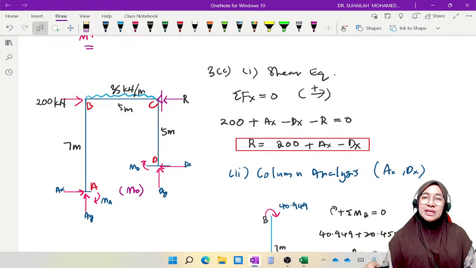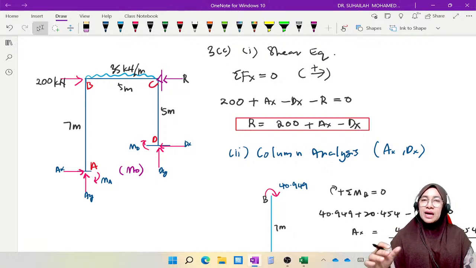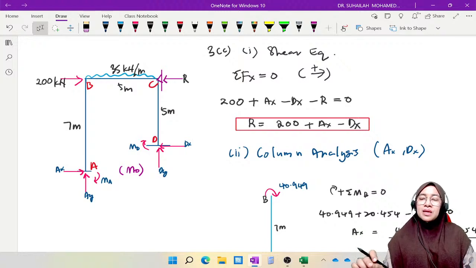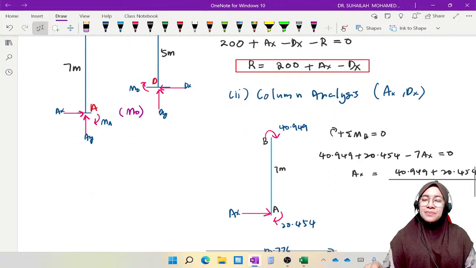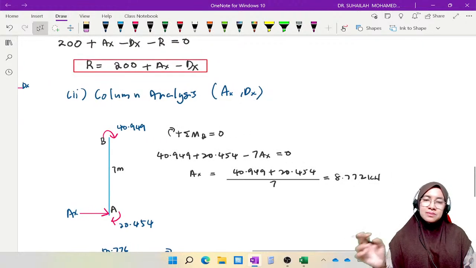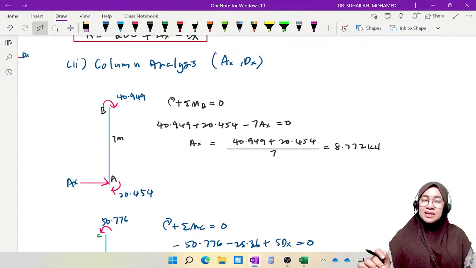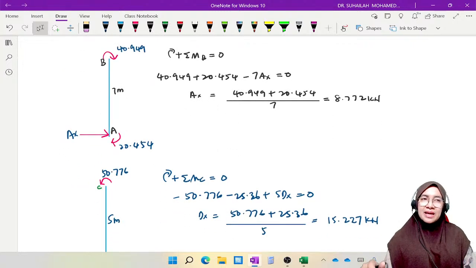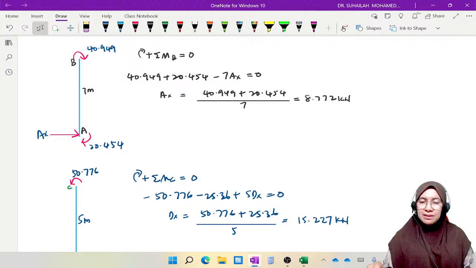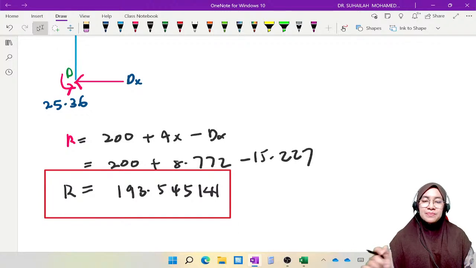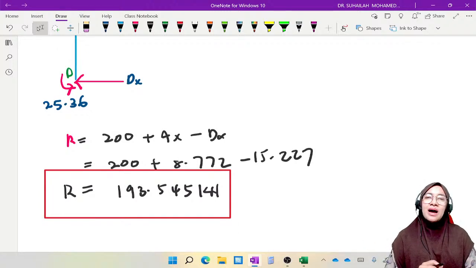From the shear equation, we derive one equation to calculate the R value. In the equation there are two unknowns, AX and DX, which I showed in my previous video can be calculated using what we call column analysis. After AX and DX are determined, we just substitute into the equation for R, so we get the R value.